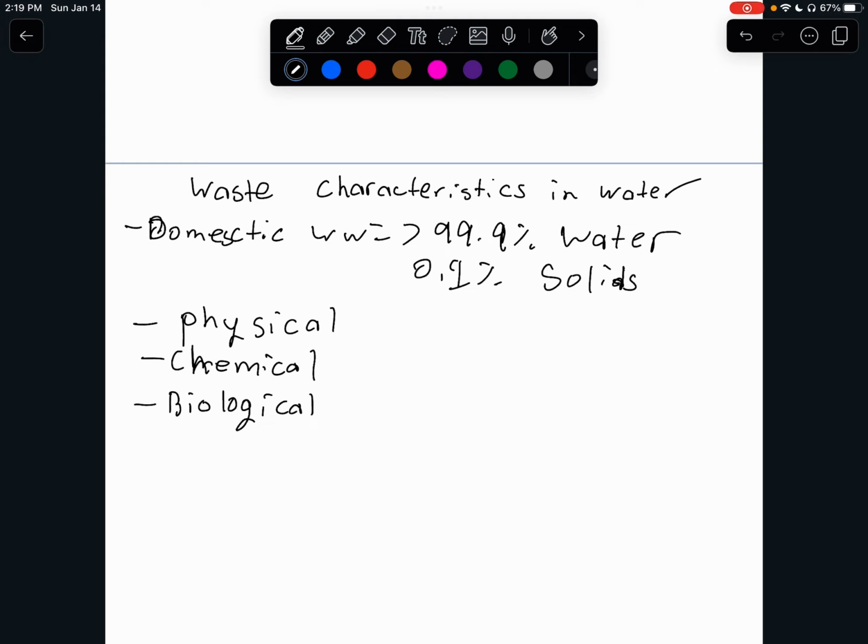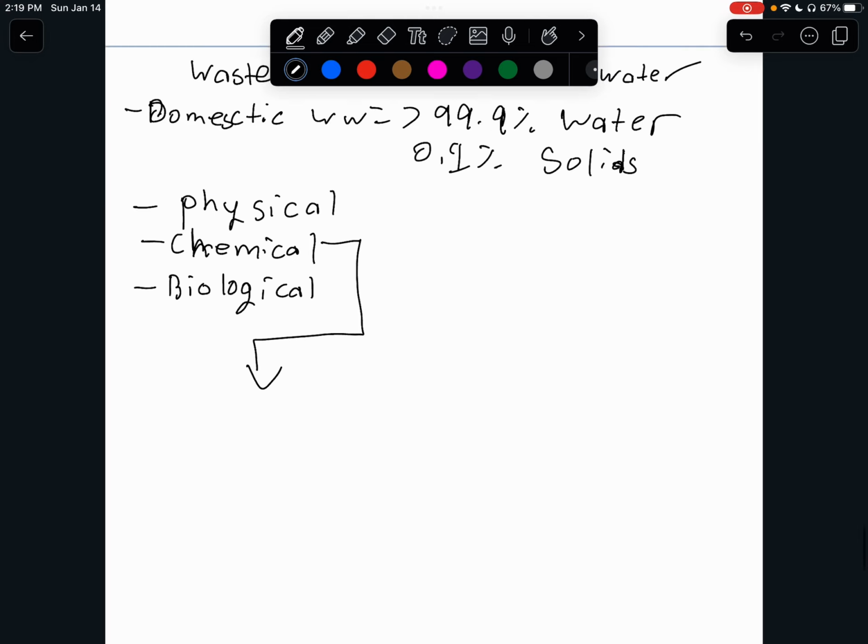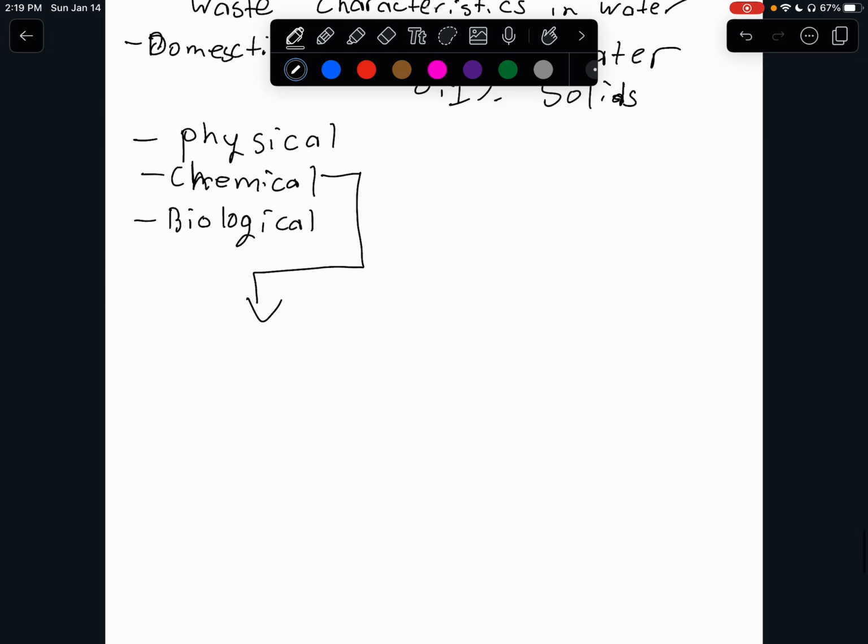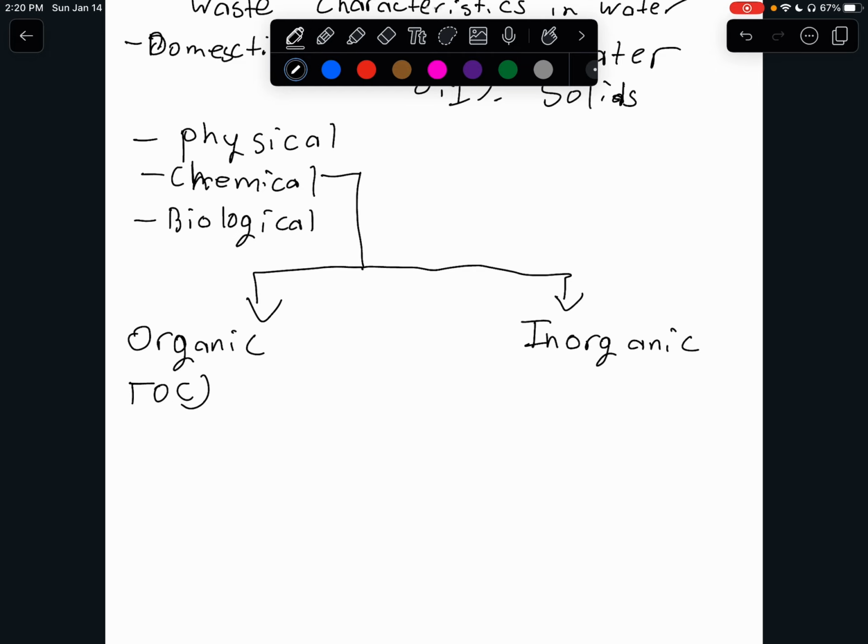And we also have chemical characteristics. So we're going to divide this up into chemical characteristics. So it divides into two. We have organic. We also have, put this over here, inorganic. So organic includes, for example, organic compound, so TOC, right?